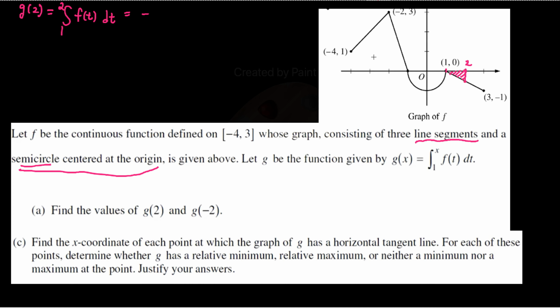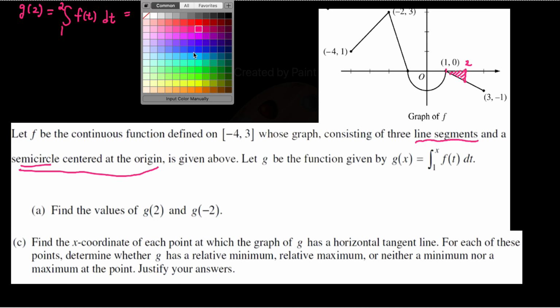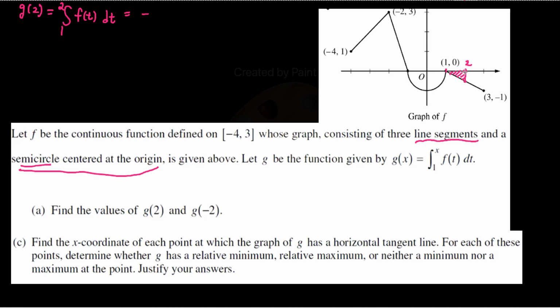The key here is really just to know how to solve for the height of this triangle. We should remember that this is a line segment, so this is a straight line, right? And it goes down to -1 right here. So if it goes down to -1 right here, I'd have 2 points on my line. I could simply find the equation of that piece of the line and plug in 2 to find that this is exactly 1/2.